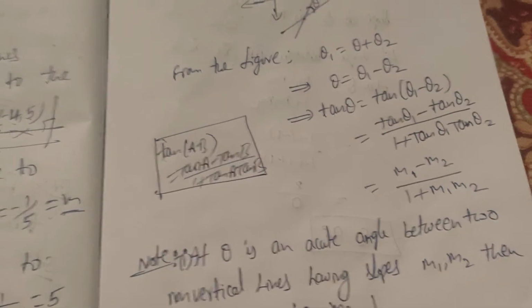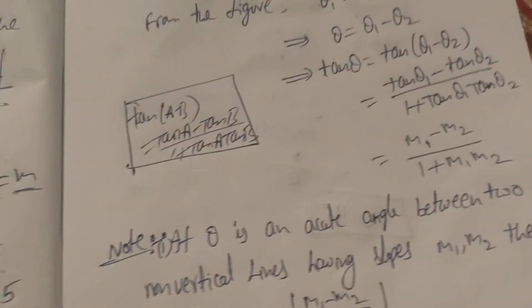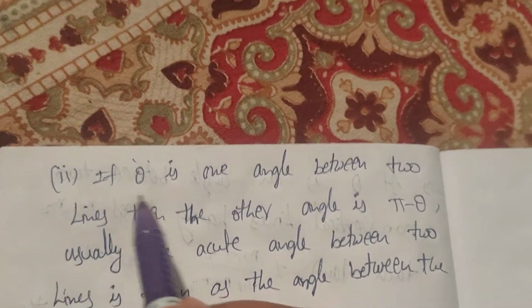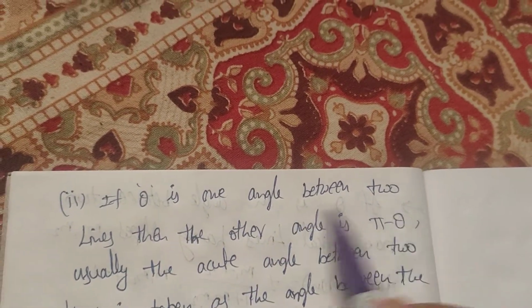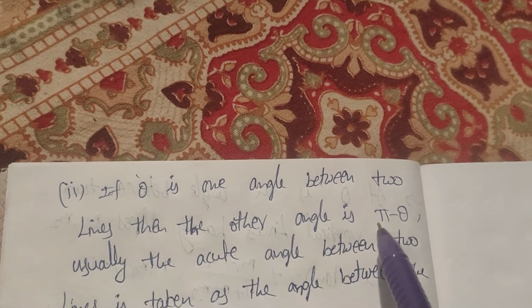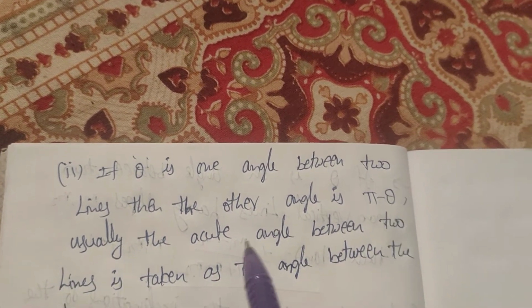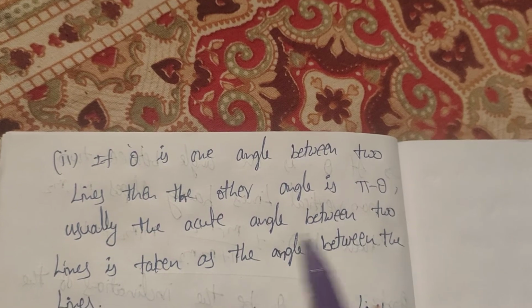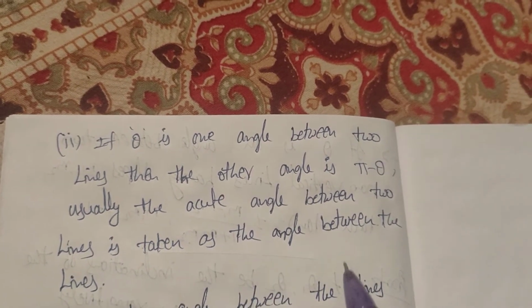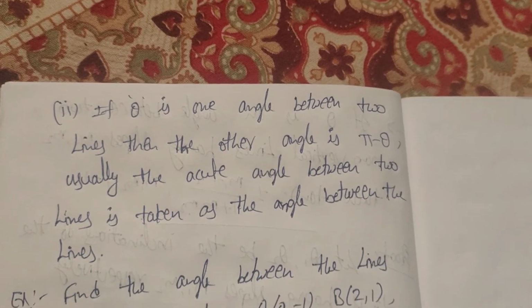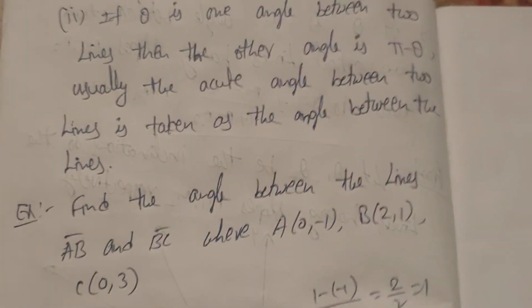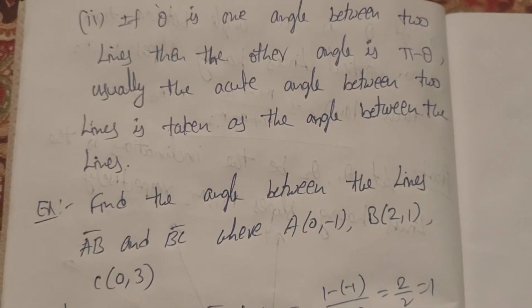And if you know one angle theta, then the other angle is nothing but 180 minus theta. If theta is one angle between two lines, then the other angle is pi minus theta. Usually, the acute angle between two lines is taken as the angle between the lines. Generally, if he is asking to find the angle between the given lines, we have to find the acute angle.